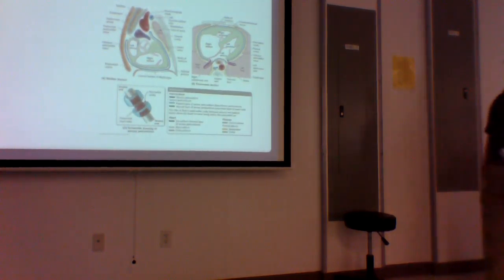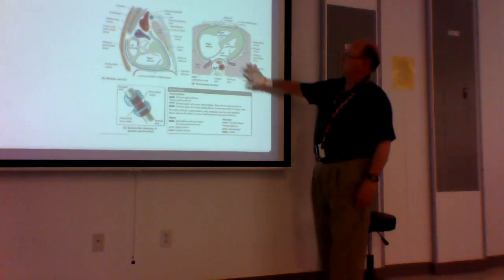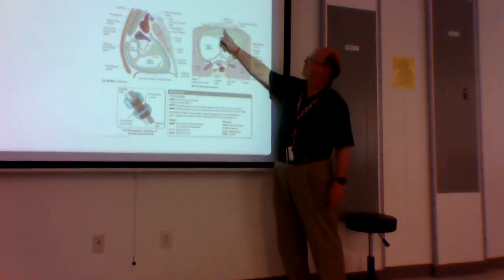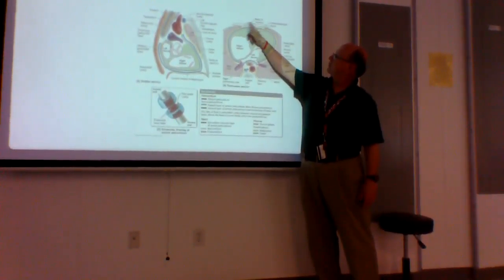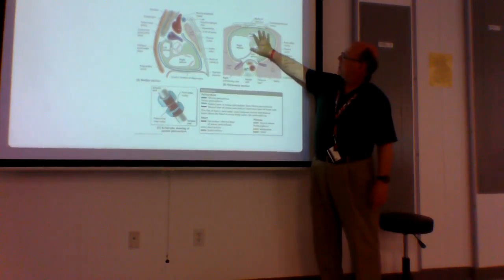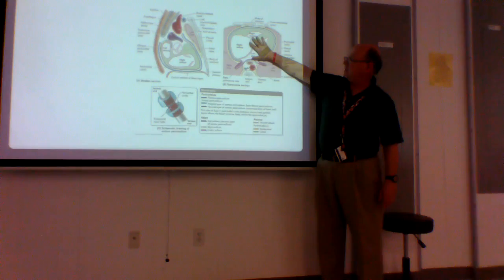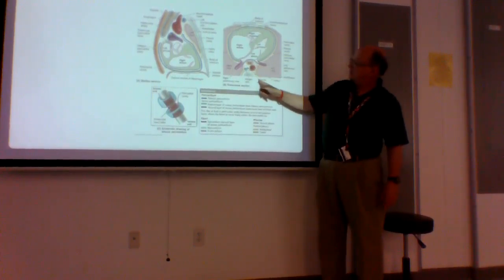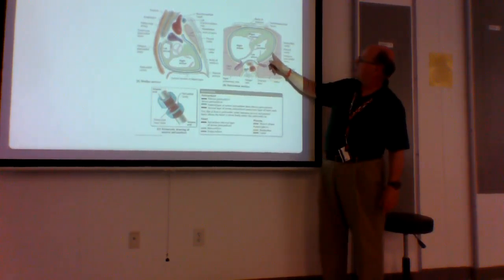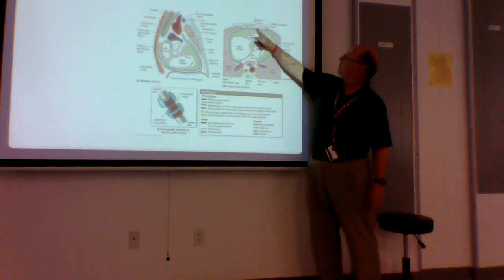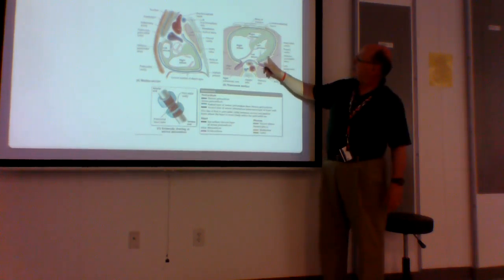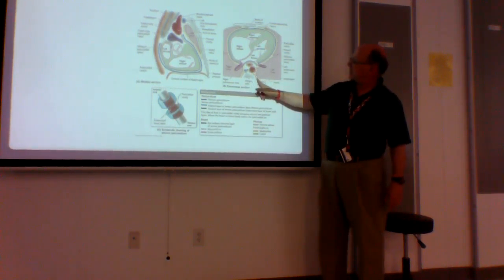If we look at it in this transverse section, here's the body of the sternum, the ribs coming off on either side, and you look at the positioning of the heart within that mediastinal cavity. So here, this yellow line, as we come all the way around, that's that connective tissue piece.